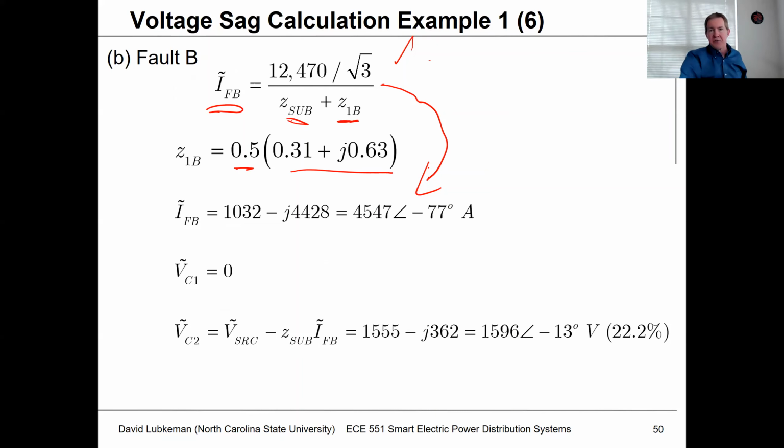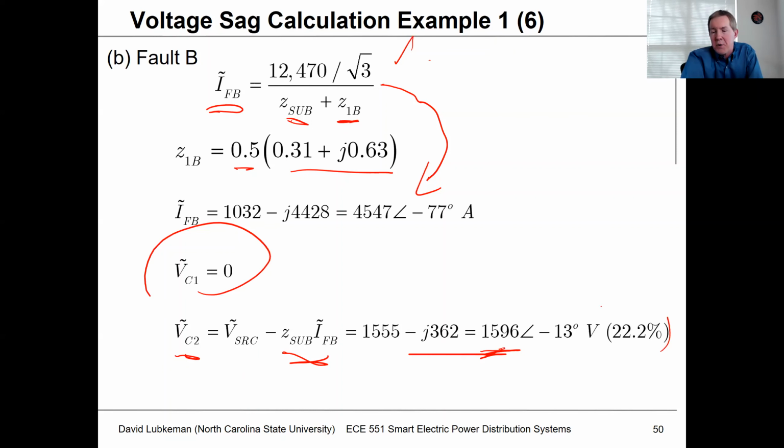So highly reactive, mostly imaginary current. This drives the voltage down at that customer 1 to 0. And then on the adjacent circuit at customer C, it's going to be impacted according to the substation impedance. And so if I subtract off the voltage drop across that substation model, this is going to give me 1,596 volts, which is a sag down to 22%.